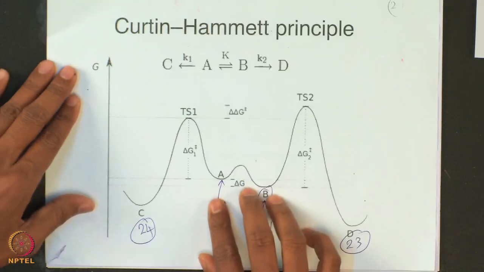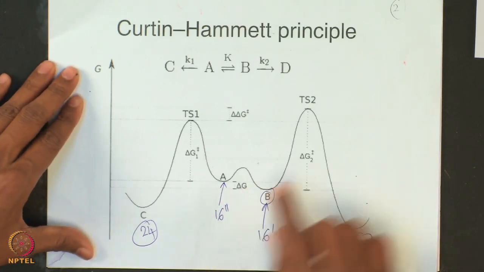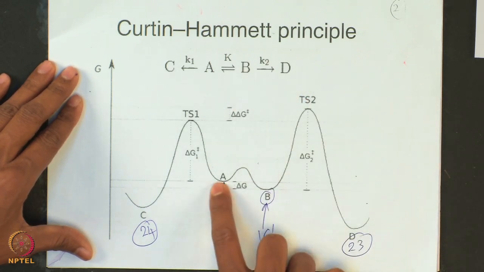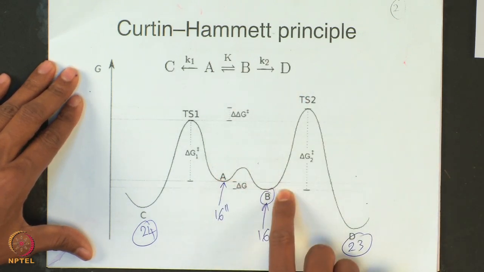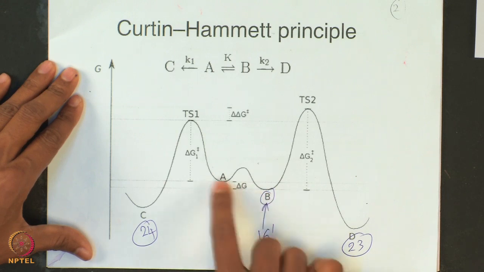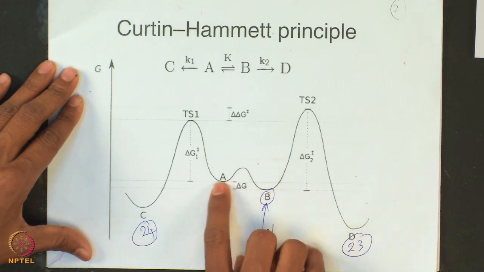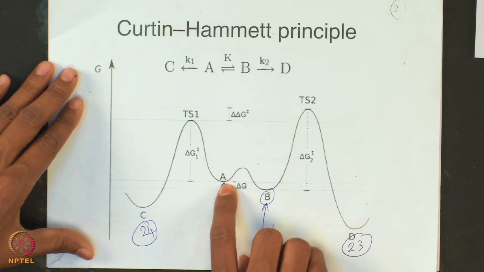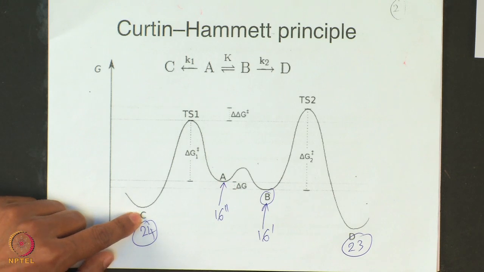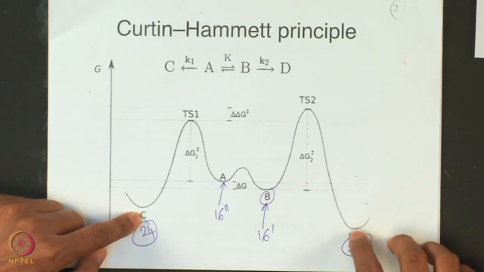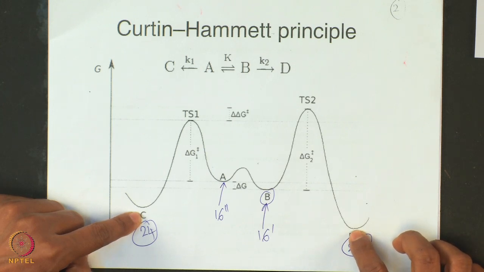Okay. Let us look at the energy diagram. You have A and B, two intermediates that are in equilibrium with each other. Now, from intermediate A, product C is forming, and from intermediate B, product D is forming.